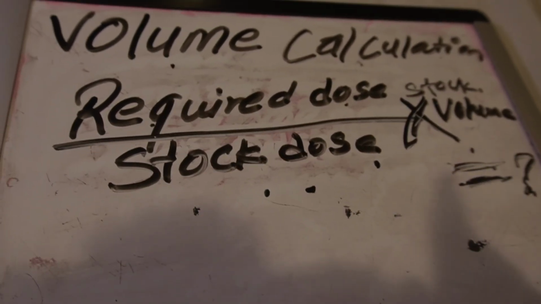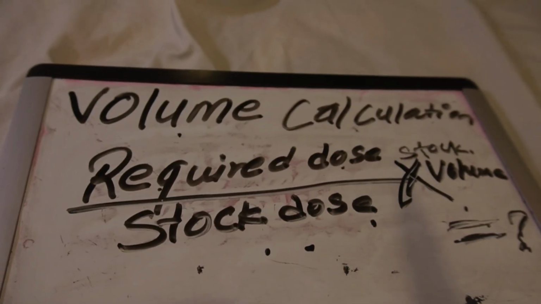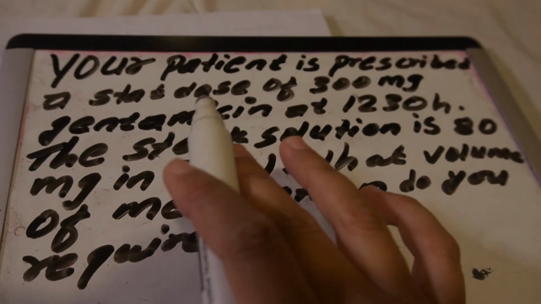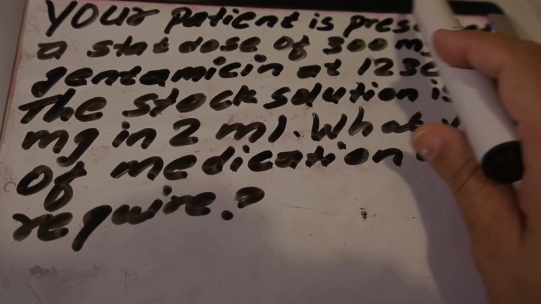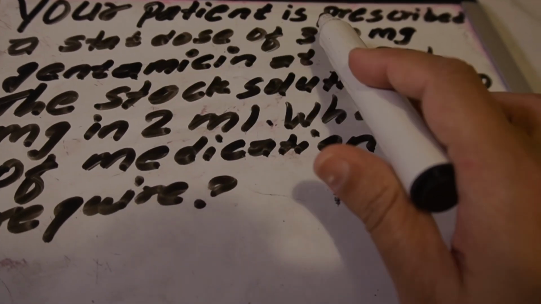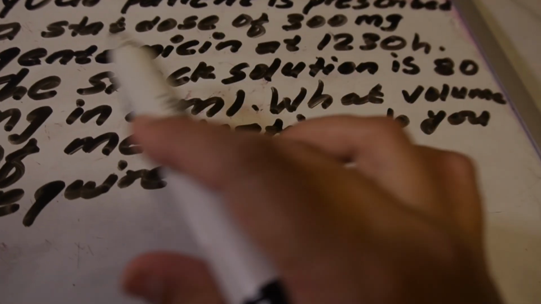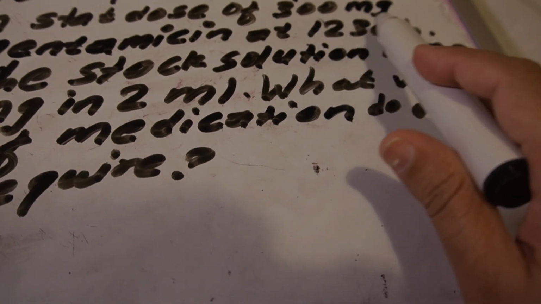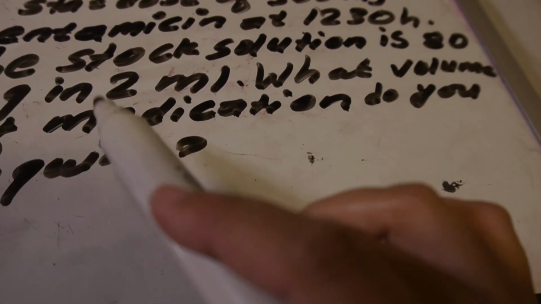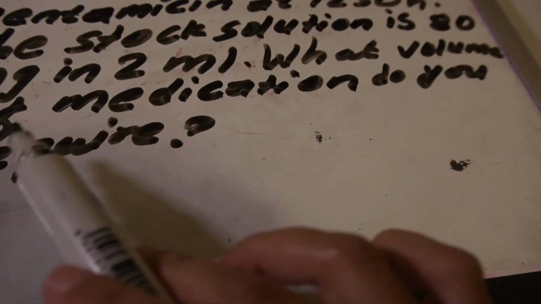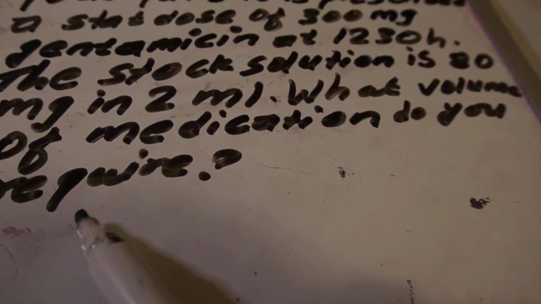We can practice one question. Here is a question for volume calculations. Your patient is prescribed a dose of 300 mg gentamicin. The stock solution is 80 mg in 2 ml. What volume of medication do you require?